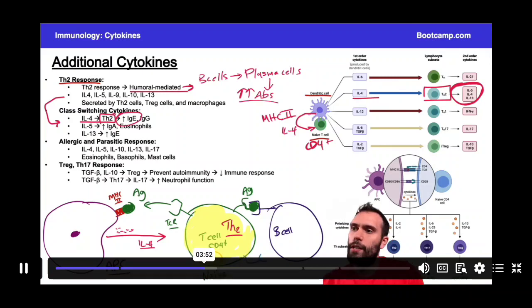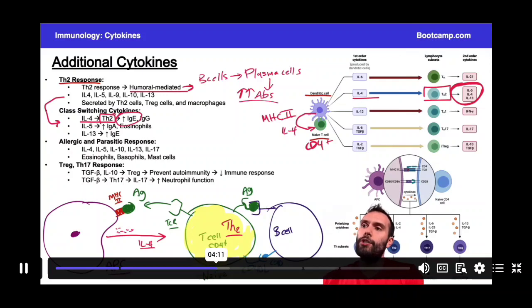So the T cell is going to have a CD40 ligand receptor, and the B cell will have a CD40 receptor, okay? And this CD40 ligand binding is going to cause this B cell receptor carrying the antigen binding to this T cell receptor, right?